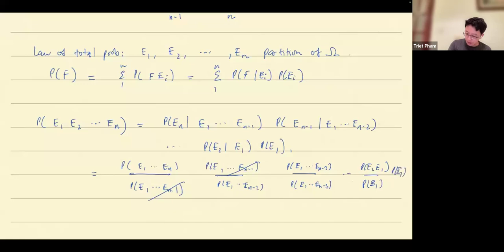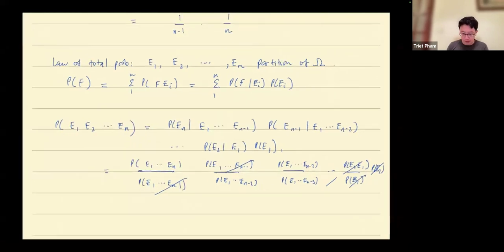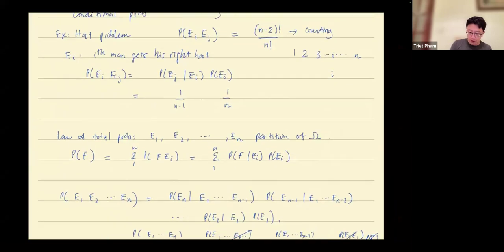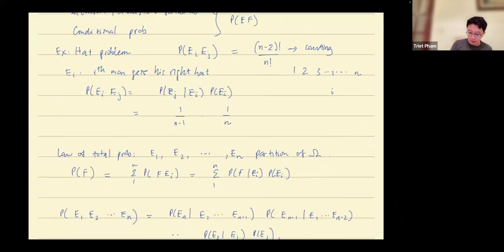And so again, things cancel, and then the only thing that remains is this term. So the meaning, of course, is that this is a generalization of this principle.